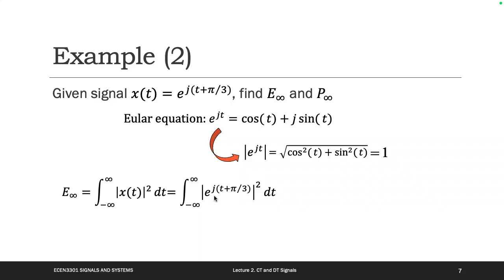And then we just want to calculate this one: the magnitude, the square root of cosine (t plus pi over 3) squared plus sin (t plus pi over 3) squared. Yes, this one equals this one, right? Does it make sense to you?